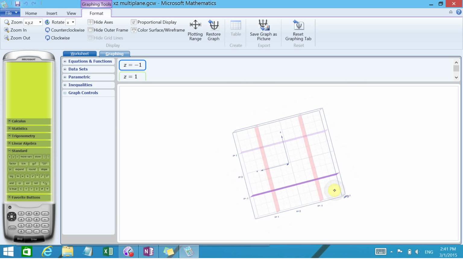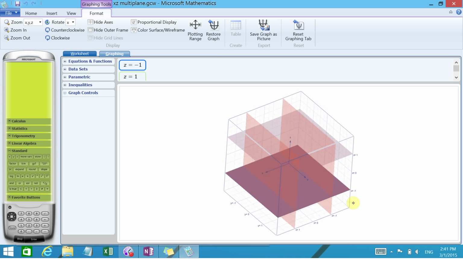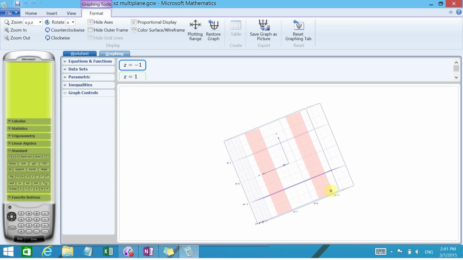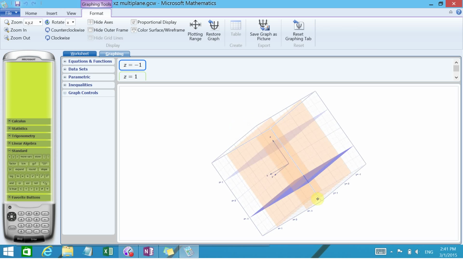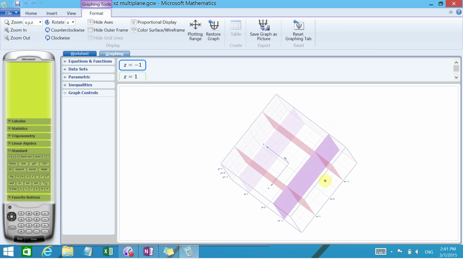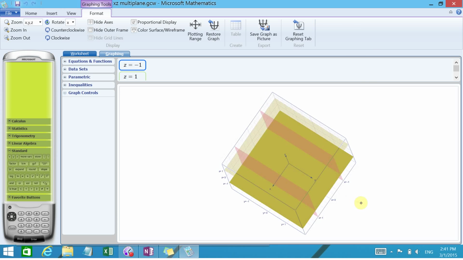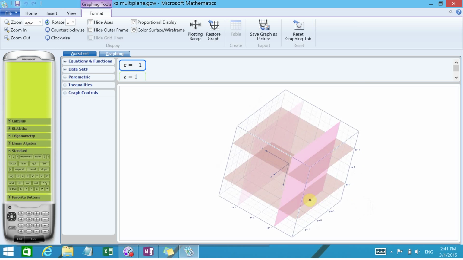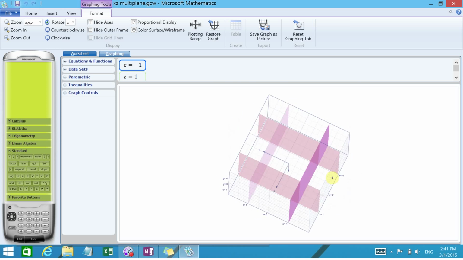X equal to 1 and negative 1, and z equal to 1 and negative 1, just to show you that these directions you're slicing them in are perpendicular to one another, depending on whether it's x or z. And you can imagine the y would also be perpendicular to both. It would kind of jump out at the screen at you, kind of cap off that cube sitting inside of there.